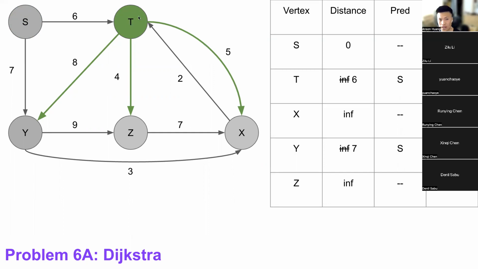So now we're at T. So now it looks like we have 3 outgoing edges from T. We can go from T to Y, we can go from T to Z, we can go from T to X. So what should we be updating in this case? What's next?